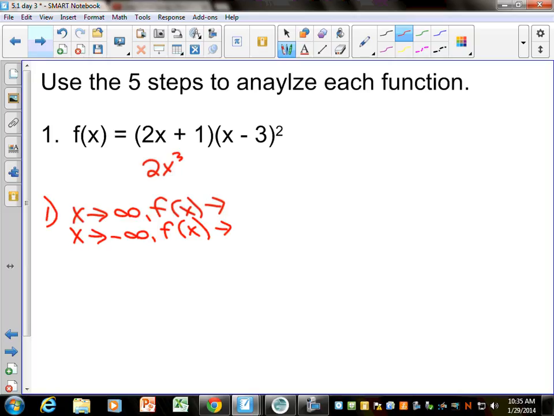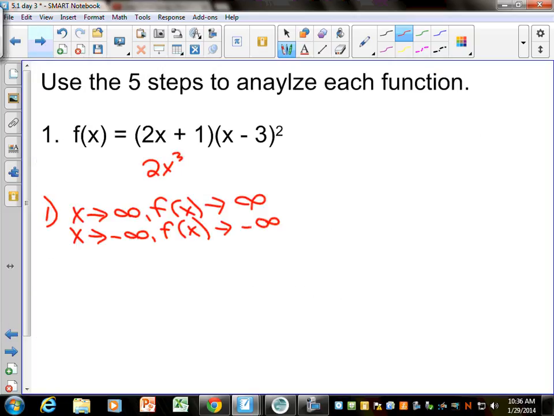Well, I think I wrote mine backwards from you. I wrote infinity first. If you write negative infinity first, you're just wrong then. I always remember if it's odd and it's positive, positive stays positive, negative stays negative. So the positive side goes up, the negative side goes down.